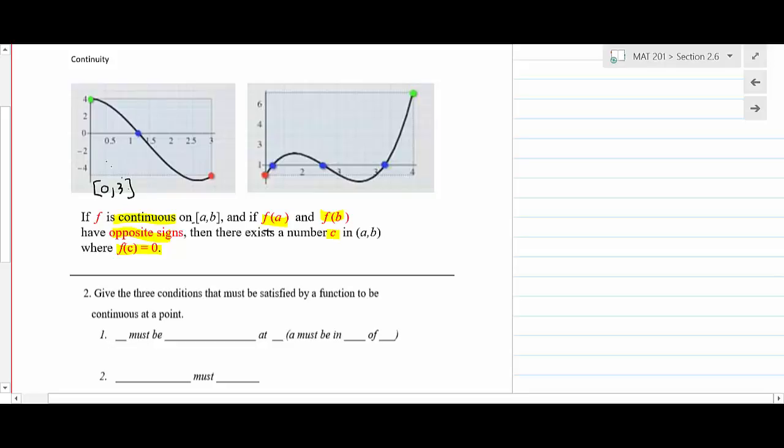We have f of 0 equals 4, so it's a positive number, and over here f of 3 equals -4, a negative number. Since you have a positive value and a negative value, there has to be a place where it crosses the x-axis. That's all that's saying. So the function value would be equal to 0 right there.